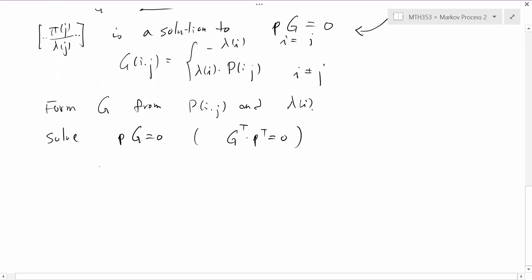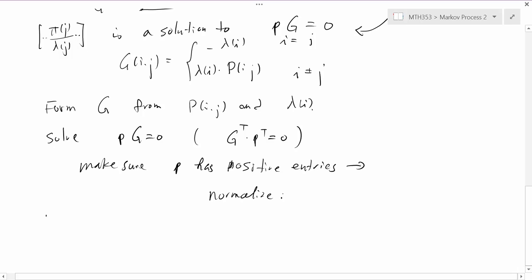After you solve it, you also need to make sure that P has positive entries, and then normalize. Normalize means you just divide by the sum of the entries. Okay, so then we have the P vector that we need.